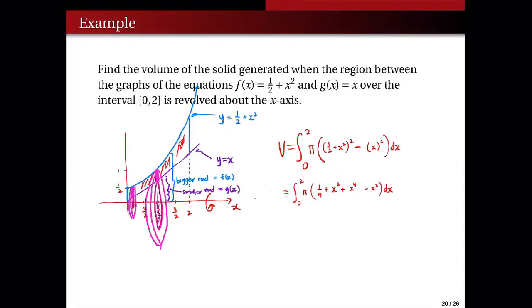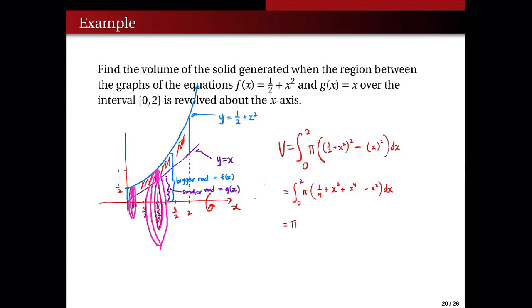So try to expand this. If you expand this, you will get this. And well, you can cancel x squared and x squared here, so we can minimize the computation.